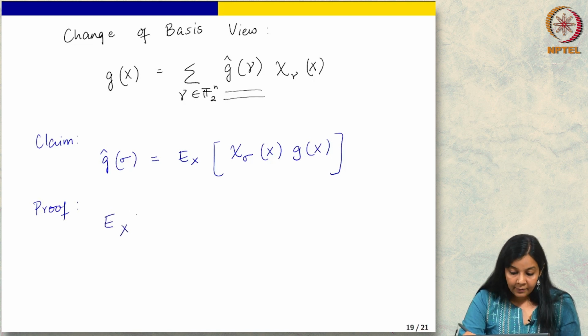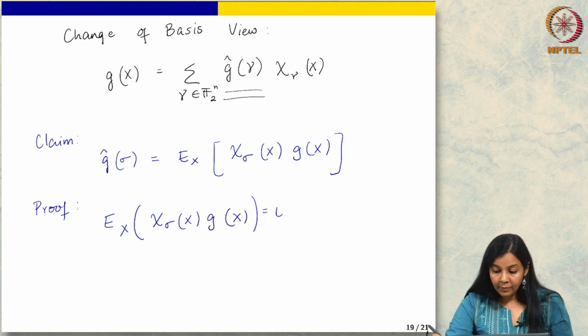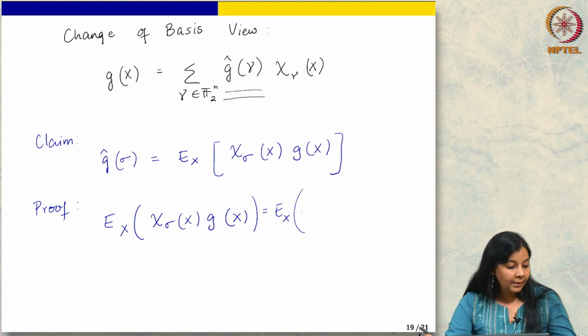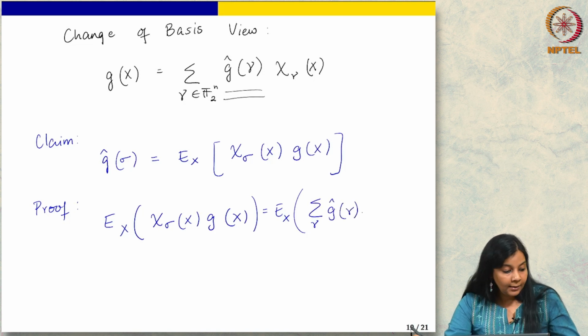So Ex chi sigma x gx is, Ex. So now let's open up gx. So what is gx? We said it's summation g hat gamma chi gamma x, right.